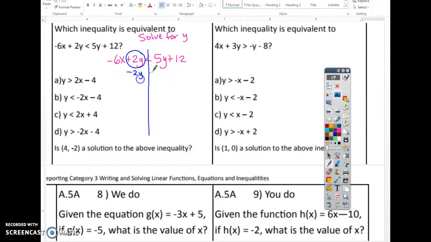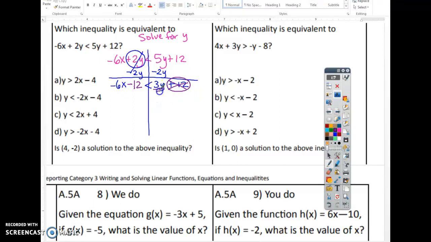So minus 2y, minus 2y, so that we can combine them on the same side. So now I have 3y plus 12, bring down the symbol, and negative 6x. Now remember, I'm solving for y, so I need everything away from the y. So that means this one needs to move over to the other side. Change the sign. Positive turns to a minus.